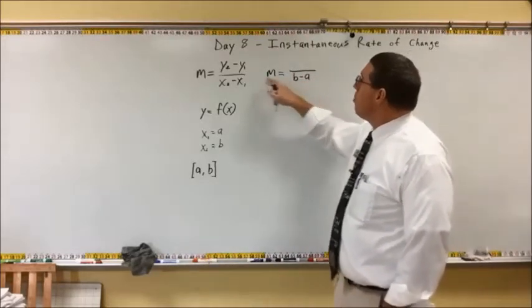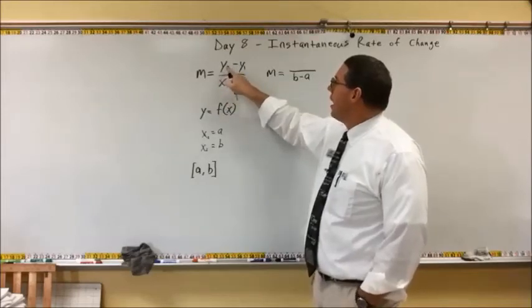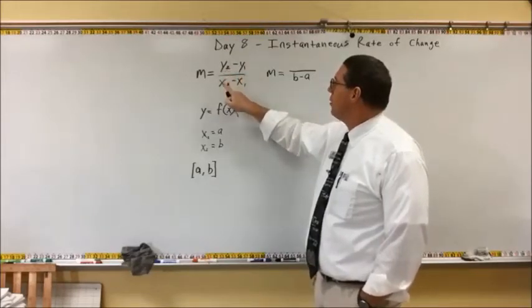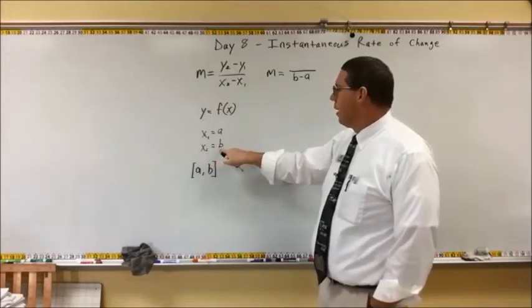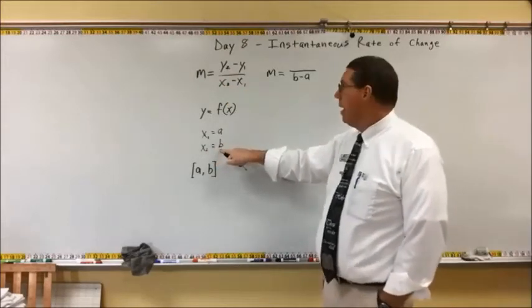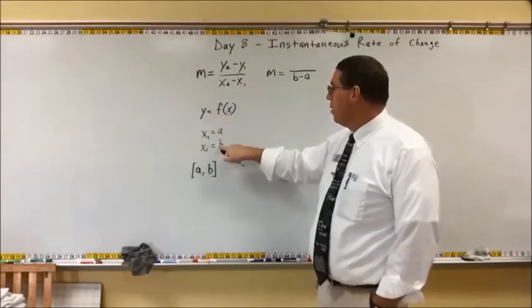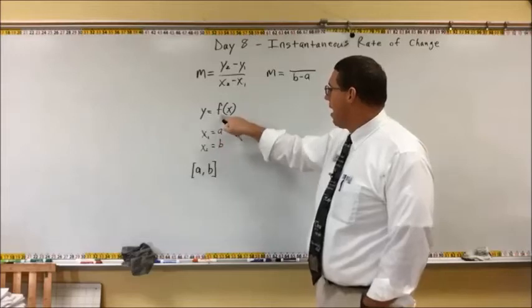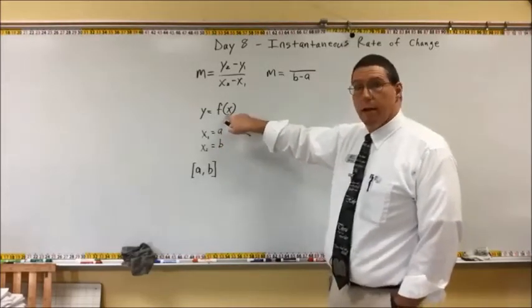Now, in the numerator, y2 is an output that goes with x2, right? And x2 is the letter b now. Therefore, the output, instead of being y, is now an f, so the output would be f of b. We're plugging b into the function, right?